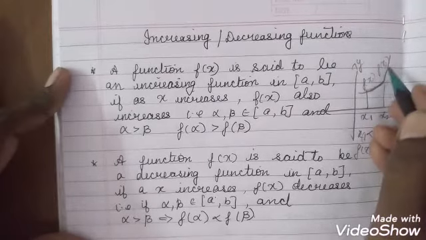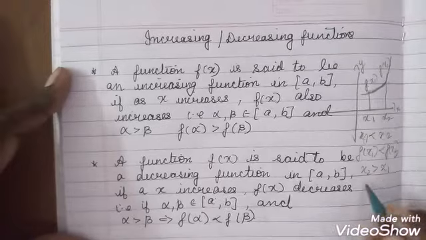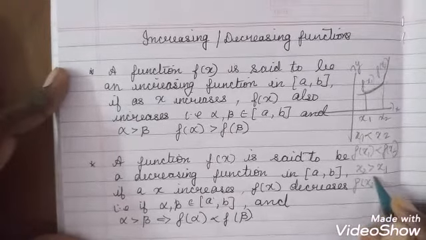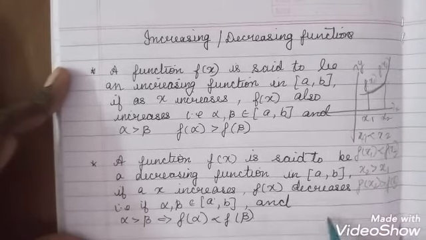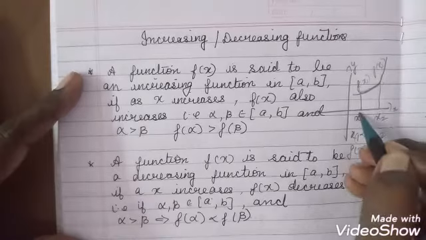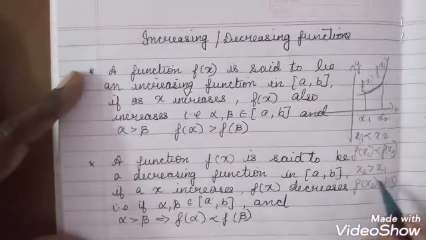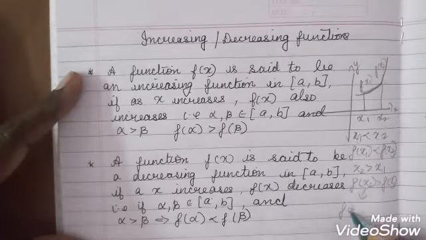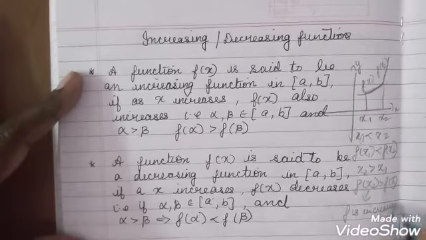Or in other words, if x2 is greater than x1 and f of x2 is greater than f of x1, it is automatically like that. For example, if this is greater than this, then f of x2 is also greater than f of x1. Then you say that f is said to be increasing. So it is an increasing function.